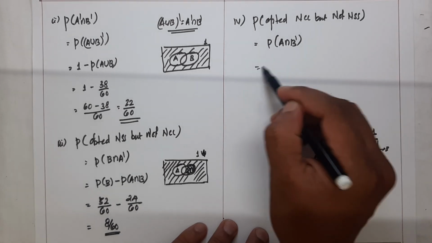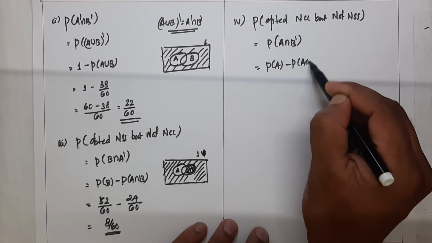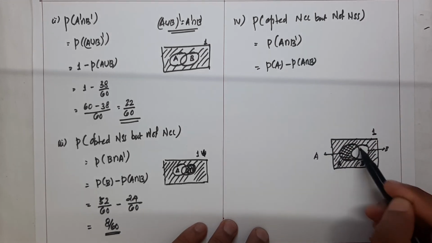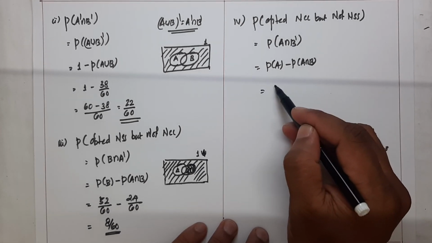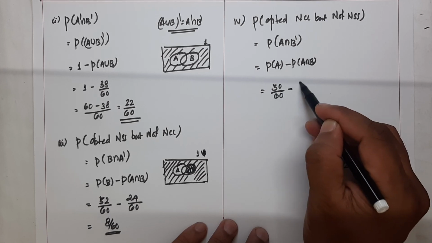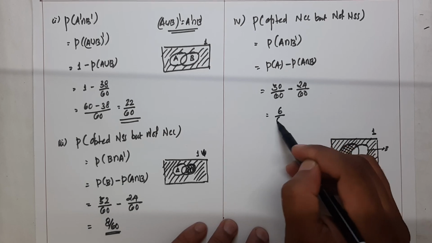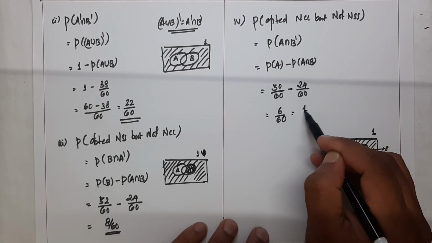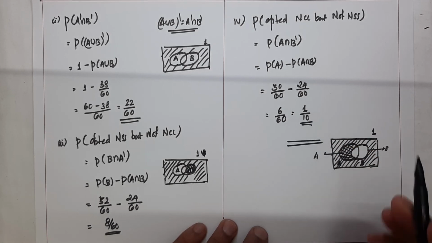That is P of A minus P of A intersection B. P of A is 30 divided by 60 minus 24 divided by 60, equal to 6 divided by 60, equal to 1 divided by 10. That's all. Okay.